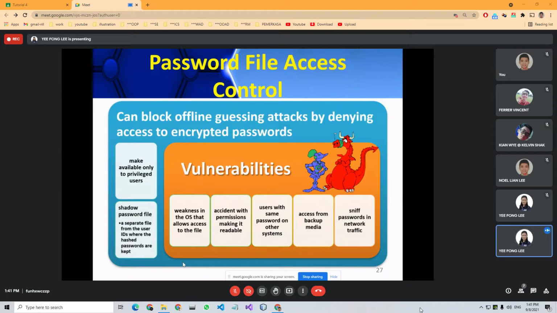If the hashed password portion of the file is accessible only by privileged users, then the opponent cannot read it; if they are not a privileged user, they cannot access it. The hashed passwords are kept in a separate file from the user IDs. We refer to it as a shadow password file.